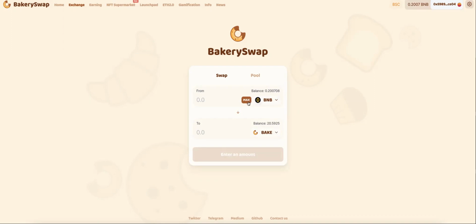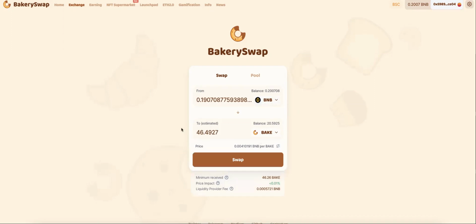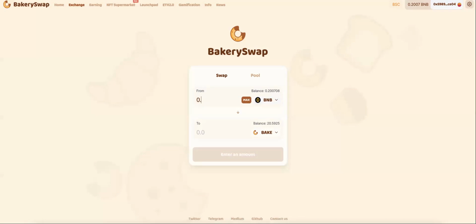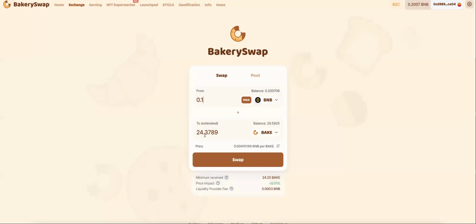So if I wanted to swap, I can say, okay, let me swap the maximum of my BNB for Bake. I say maximum. Let's see how much it's going to give me in Bake. So it's going to give me 46 Bake. If I say, okay, let me just swap 0.01 BNB, you're going to give me 24 Bake. And then you click on swap.